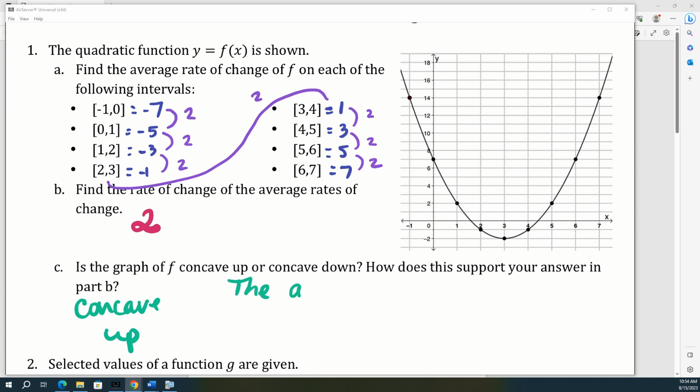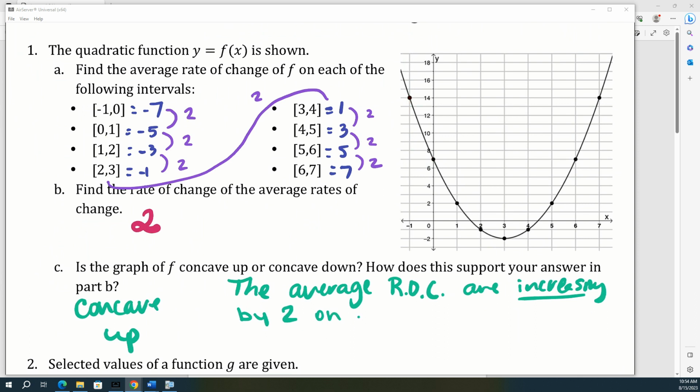So we're going to say the average rates of change are increasing by 2 on each equal length input value intervals.